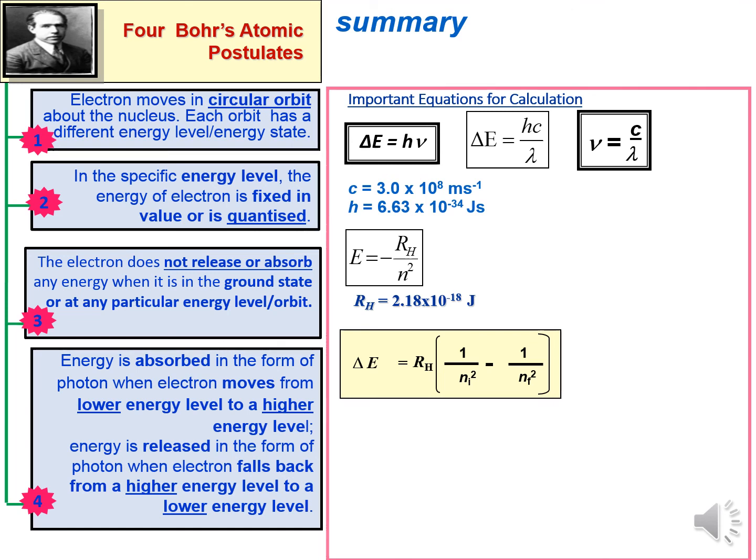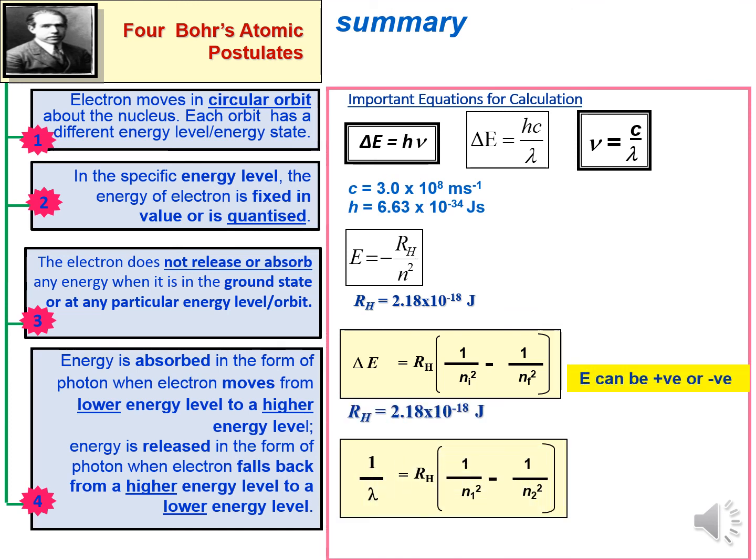So your answer here could be positive, could be negative. RH value is still the same. E can be negative, E can be positive. And the final one, what's the difference between the top one and the bottom one? The top one, your answer will be in joule. So that's why your RH will be in joule.